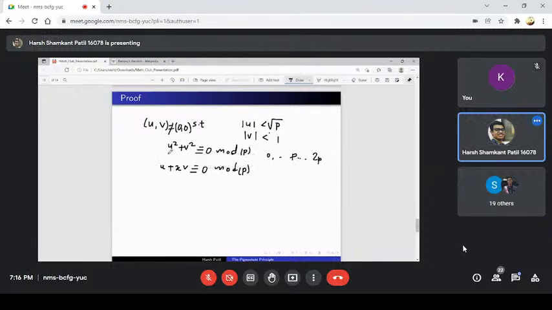How does this imply this? Let us square this thing: u plus xv whole square. This is nothing but u square plus x times v square plus, sorry, that is not right.